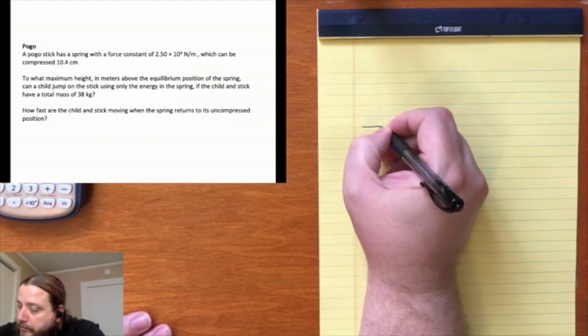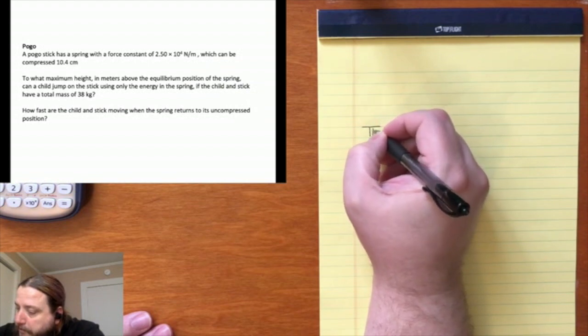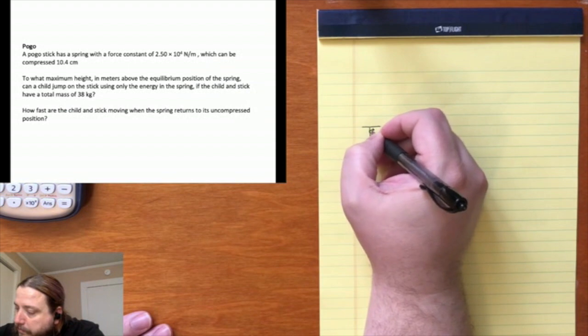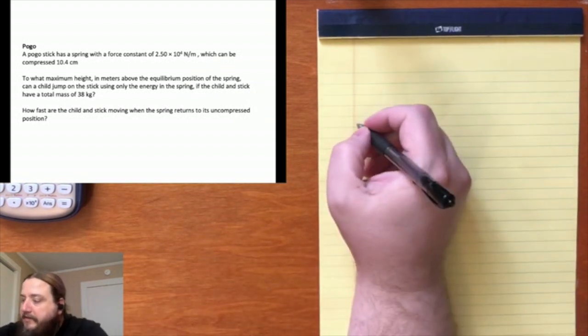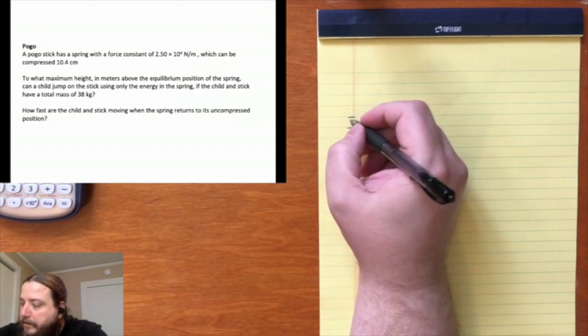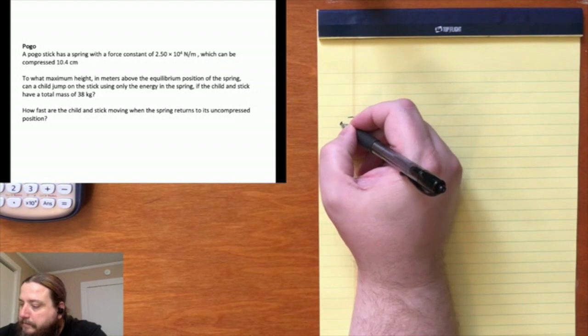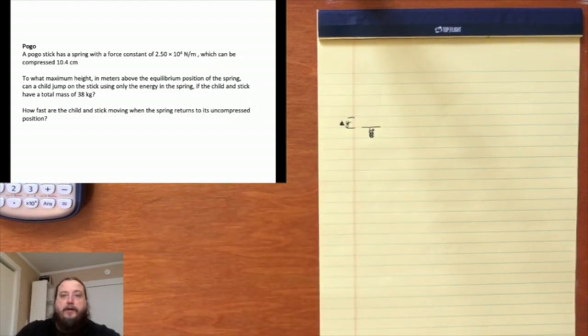So the pogo stick here is being compressed by our distance here. I'm going to call it delta y, between the compressed and the uncompressed point.